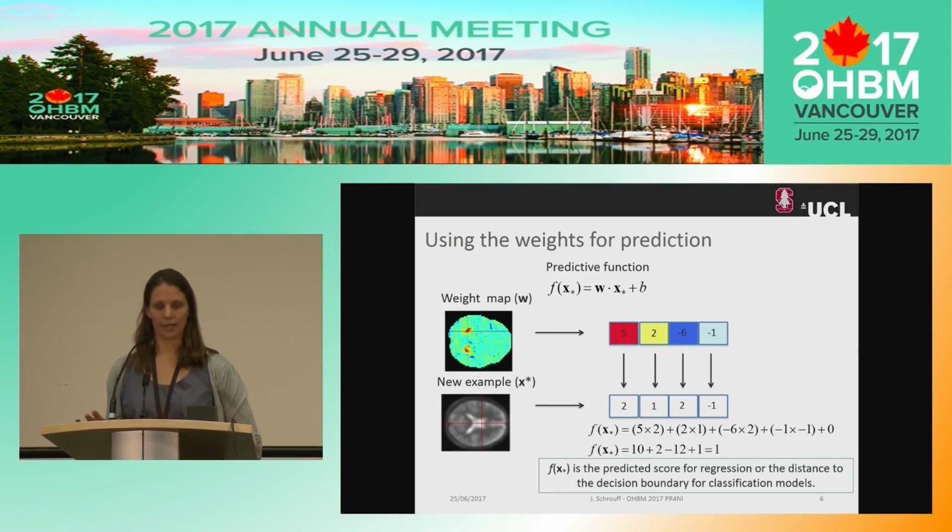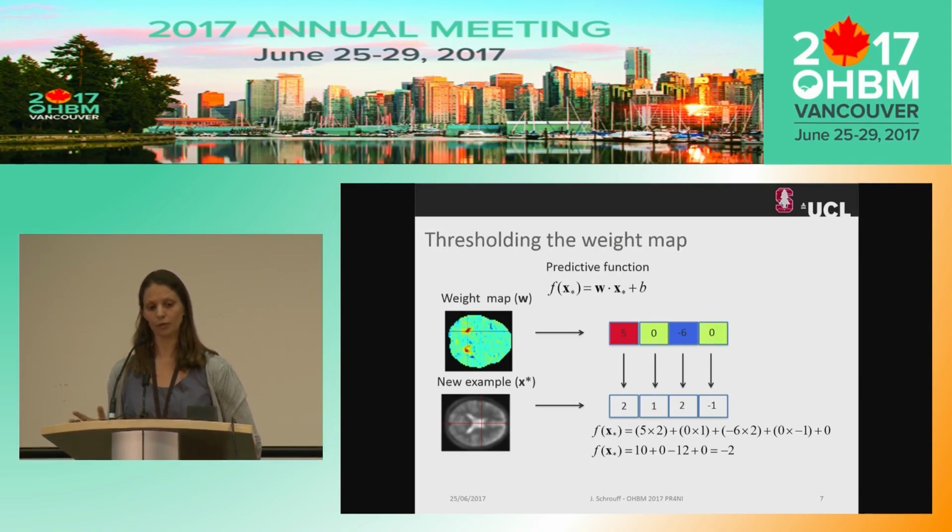And one thing that is sometimes done is saying, well, I don't care about those weights that have low values, so let's just take those out. I'm going to just threshold whatever has an amplitude lower than 3. And if we do that, we see that if we compute the prediction again, we obtain a different result. And so the truncated predictive function that we obtain does not correspond to the actual model we had before.